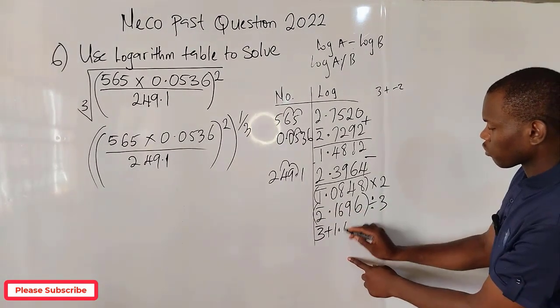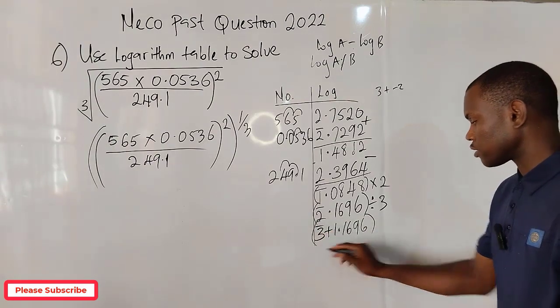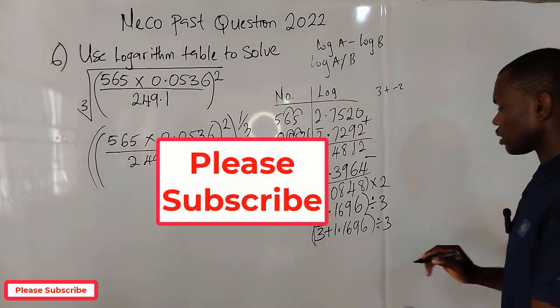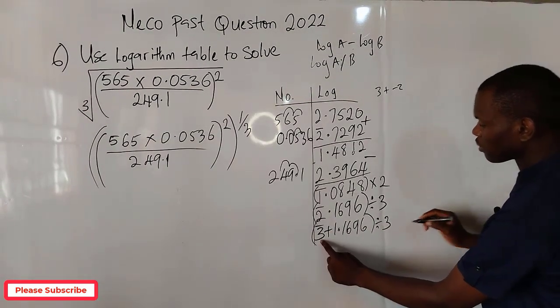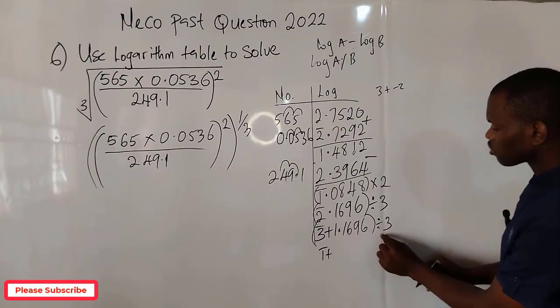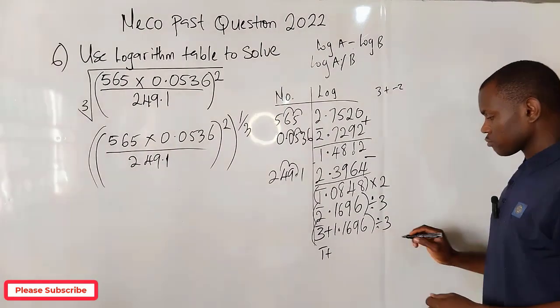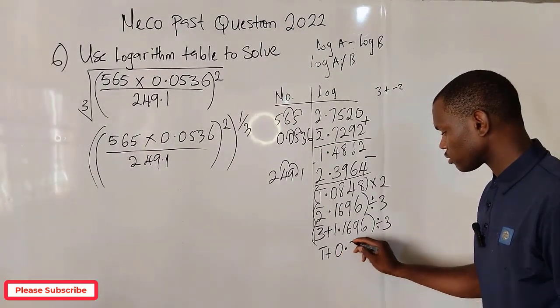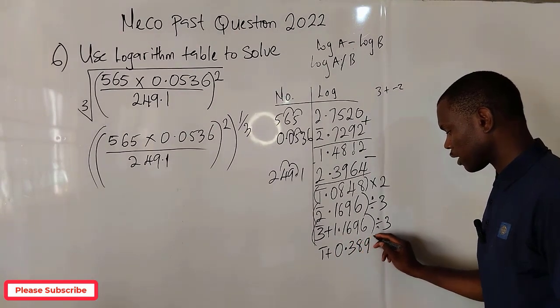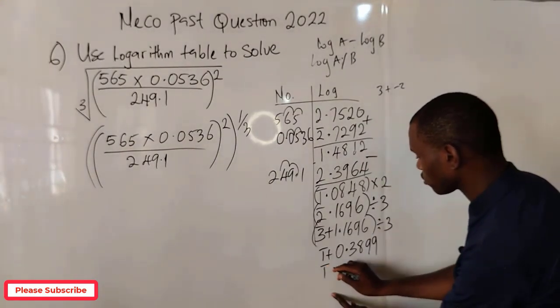Bring down this number 1696. Then we divide. So at this point, 3 can divide negative 3 to give me negative 1. That is bar 1. Use calculator and press this one now. This guy divided by 3 will give me 0.3899. Then we bring them together. I'll have bar 1.3899.